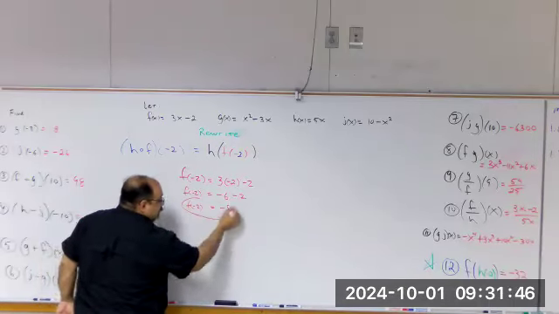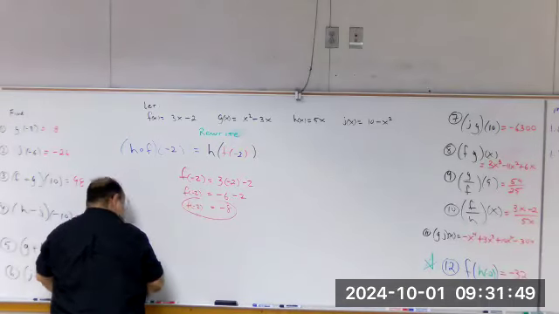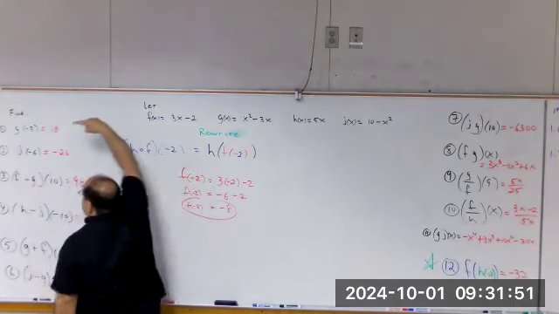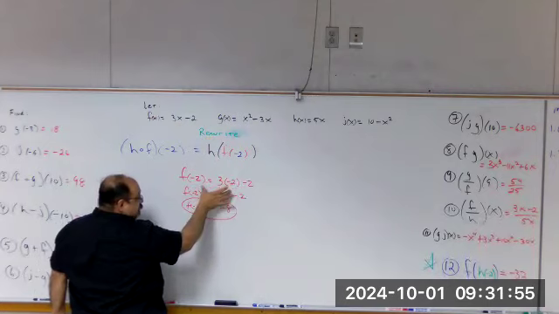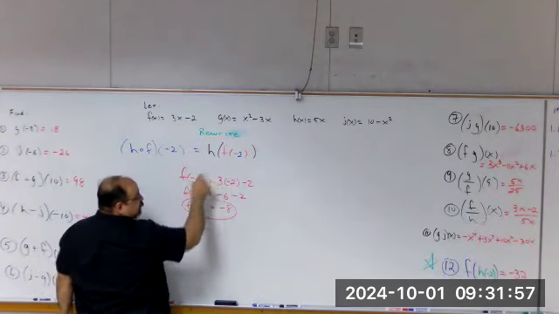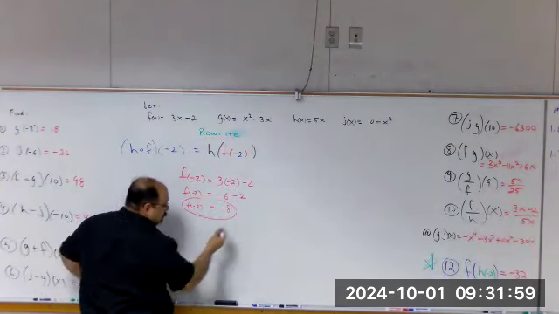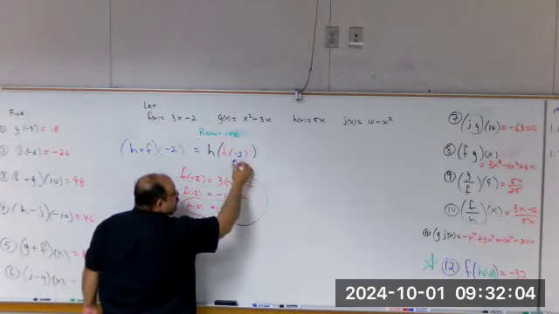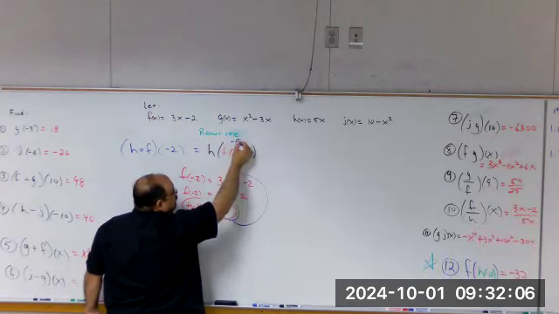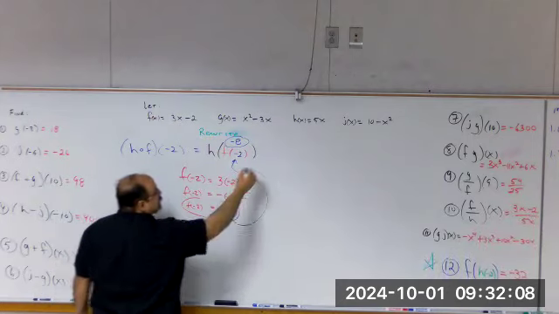So F of -2 is -8. Step by step, rewrite it. Did that. Substitute. I plug -2 into the F function. I simplified it. Now I know that this right here is -8, and you do it again.